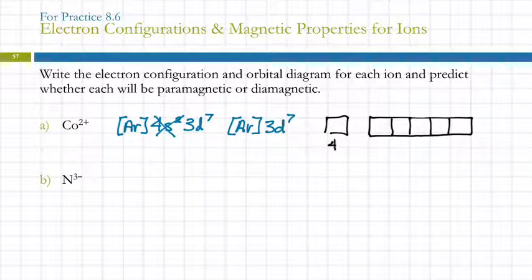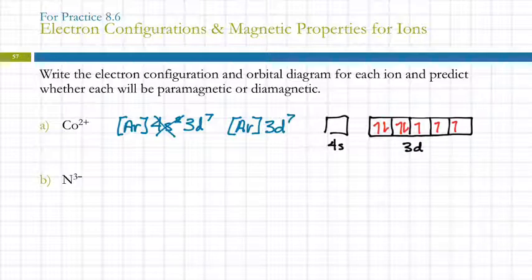So this is 4s and this is 3d. According to this, where are the electrons? They're in the 3d, and there's 7 of them. 1, 2, 3, 4, 5, 6, 7.